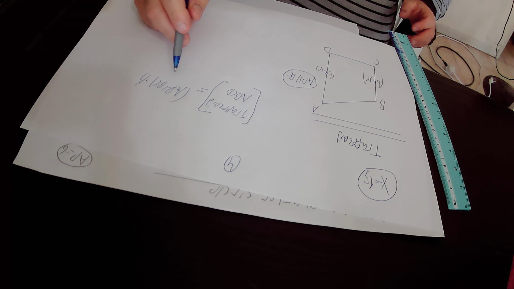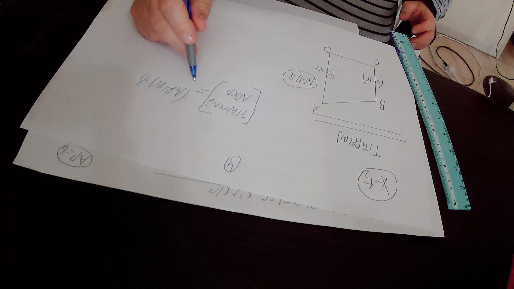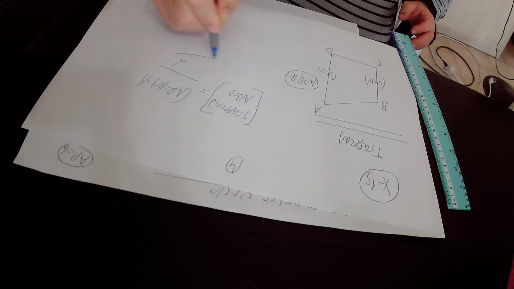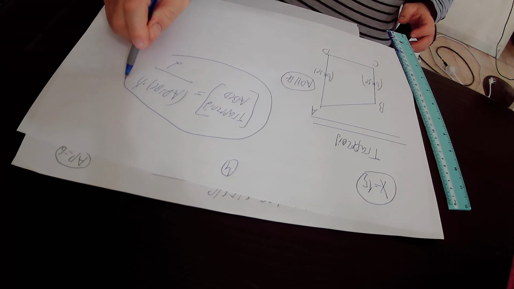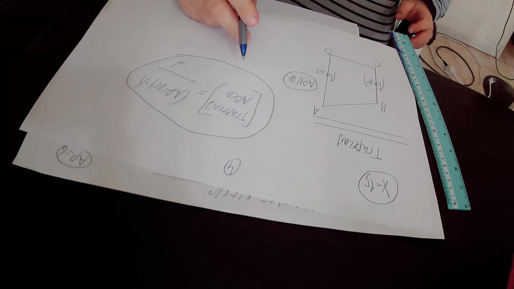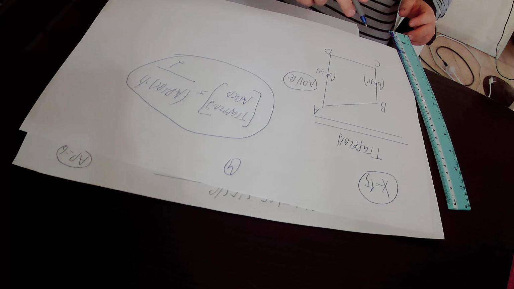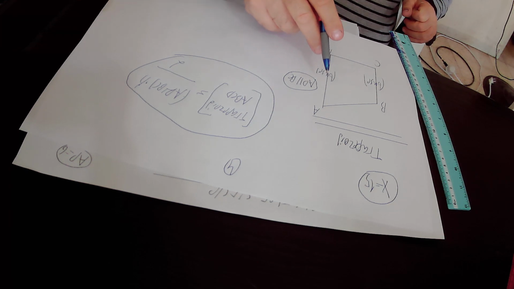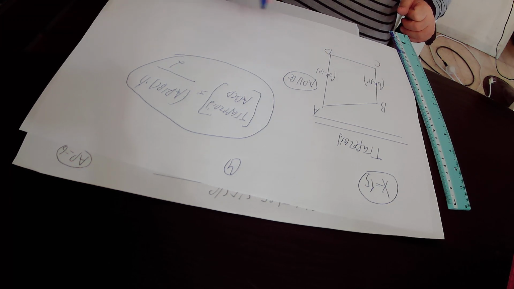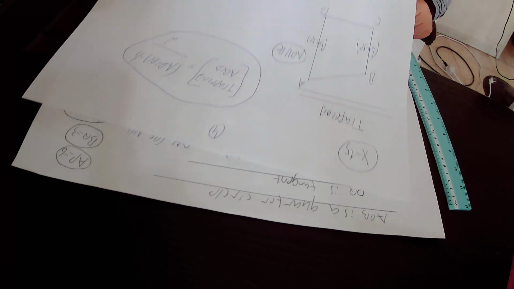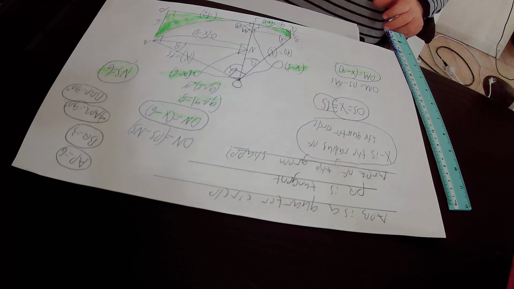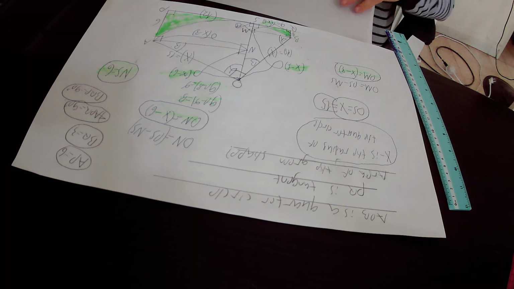So it is times h, the height to the base, divided by 2. In conclusion, the area of trapezoid ABCD, which could be any trapezoid, is equal to the sum of its bases, AD plus BC, times the height to the base, where the height must create 90 degrees with the base, divided by 2. Okay, so what is the area of the green shape?